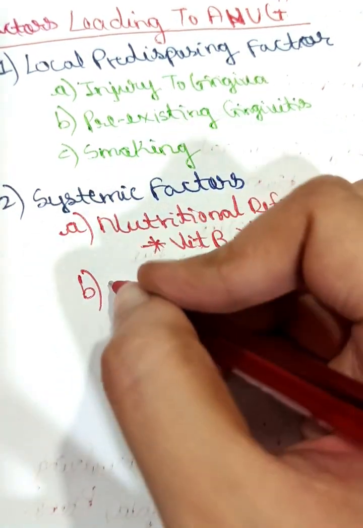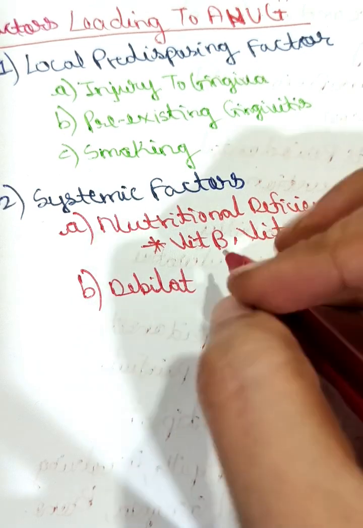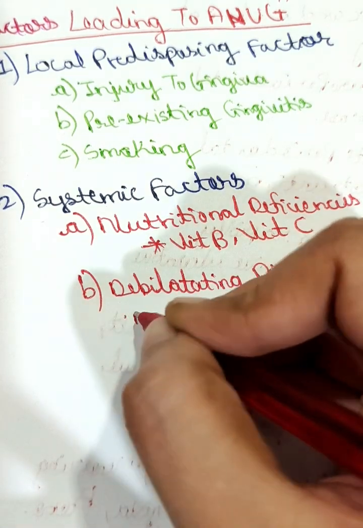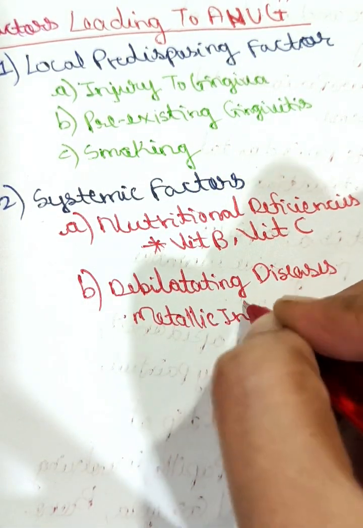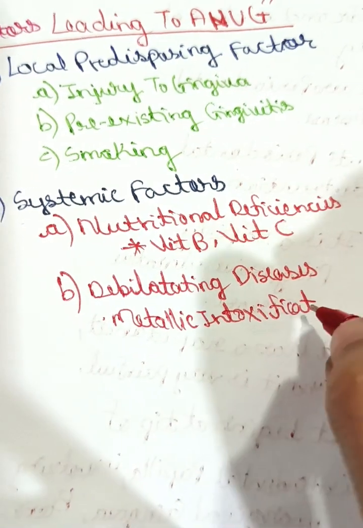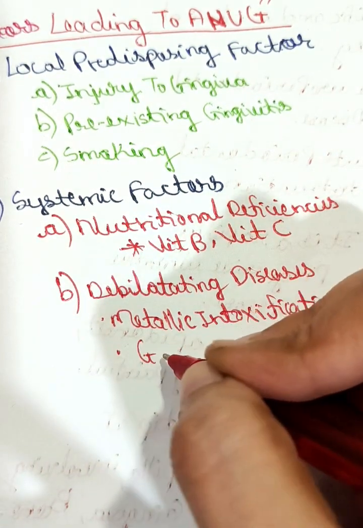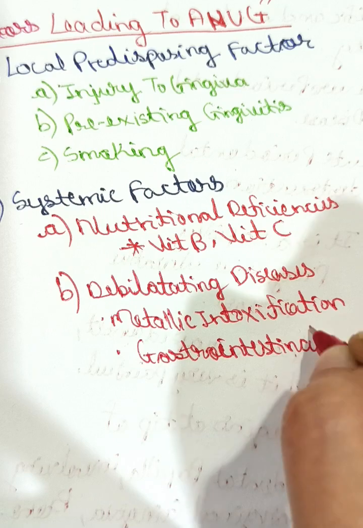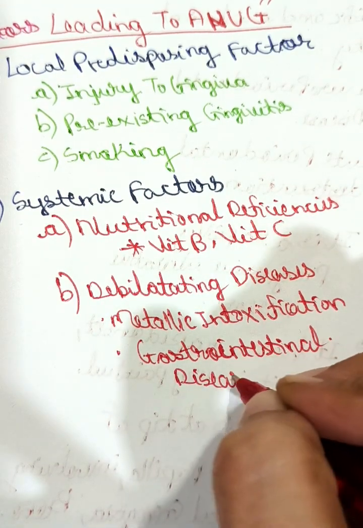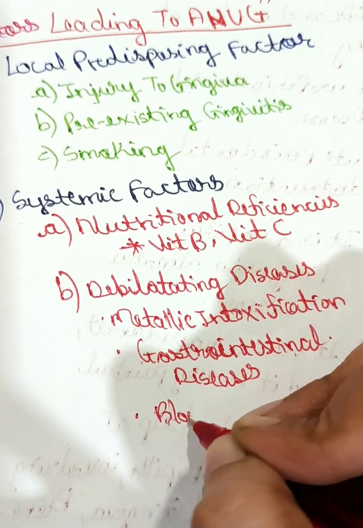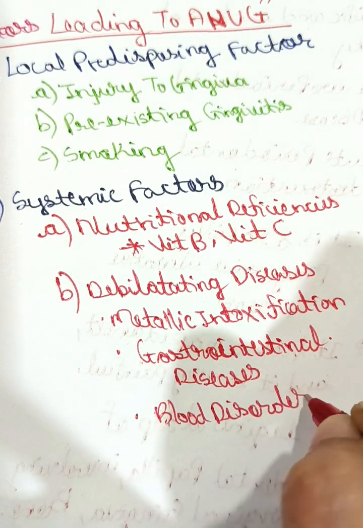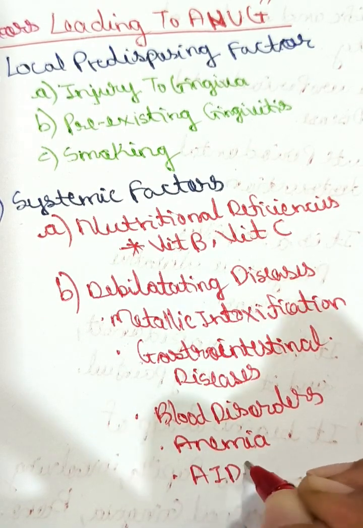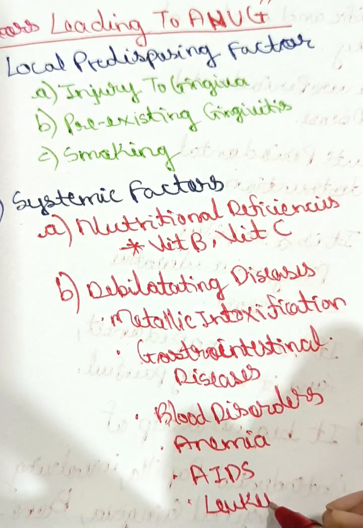Second is the debilitating diseases, which involve metallic intoxication, gastrointestinal diseases, and blood disorders involving anemia, AIDS, and leukemia.